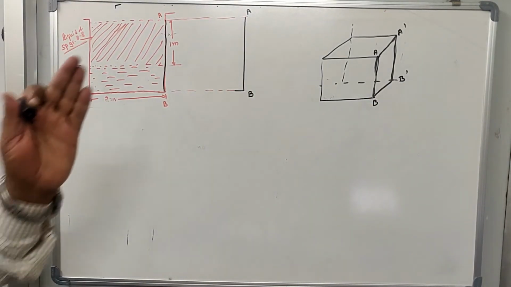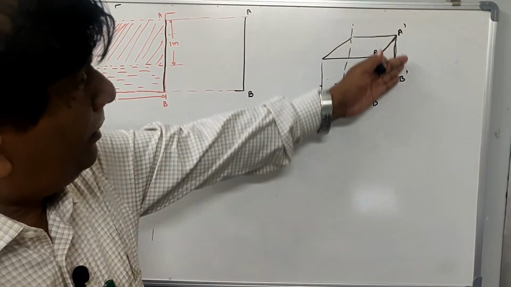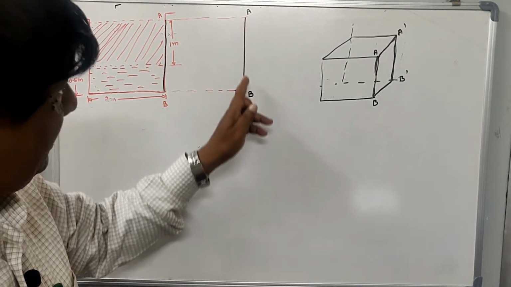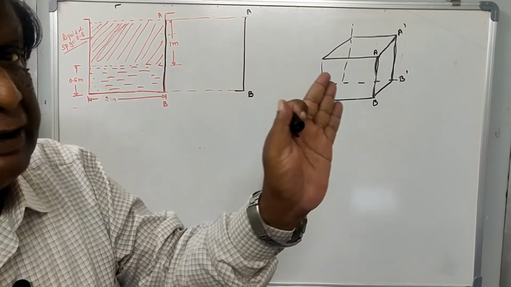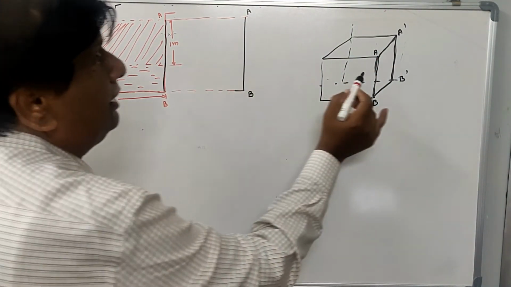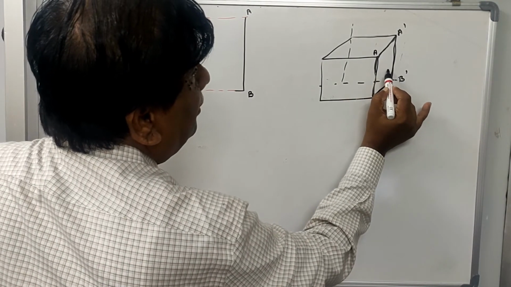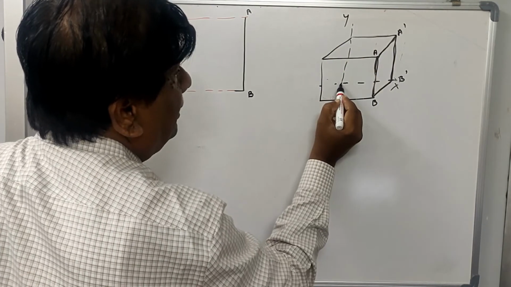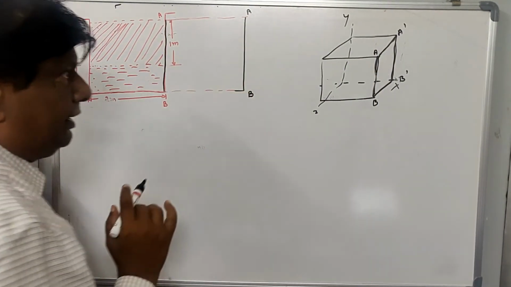It is the vertical plane, and its projection in the vertical direction is AB, and its normal is always in the x direction, the horizontal direction.